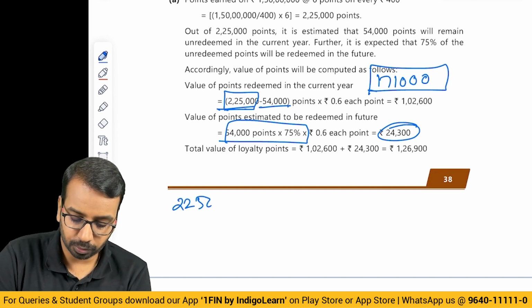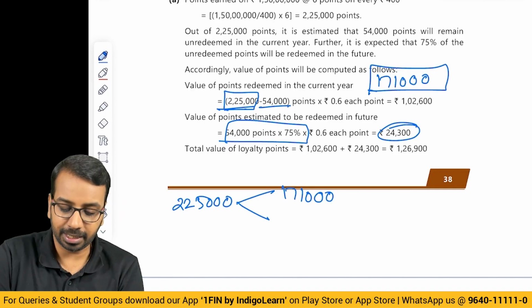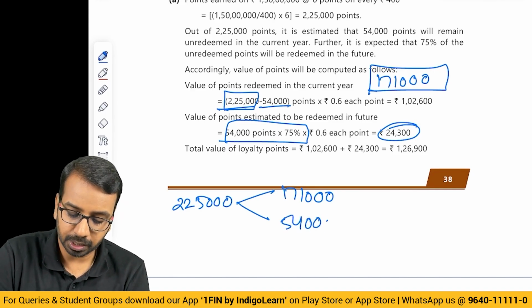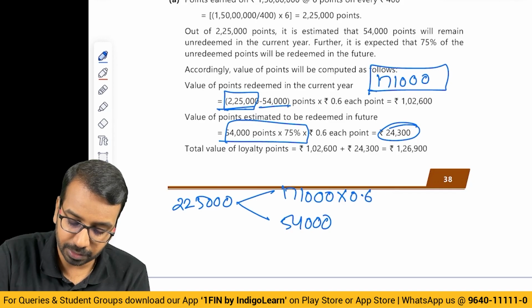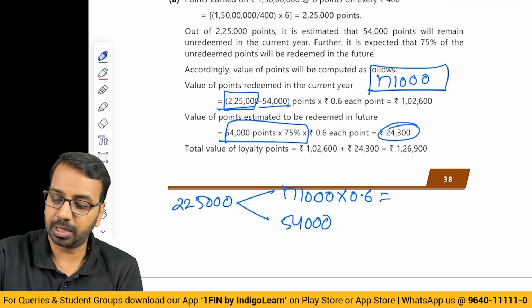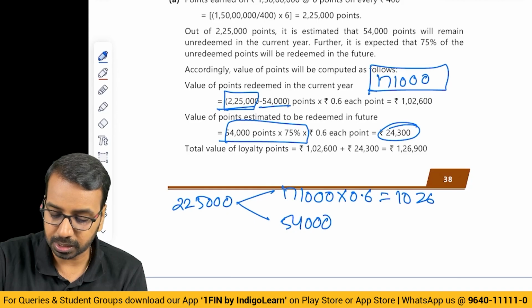total points is 225,000. Split into two parts, 171,000 already redeemed and 54,000 to be redeemed in the future. Now for this 171, the valuation is 0.6. So 171,000 into 0.6, it is 102,600.